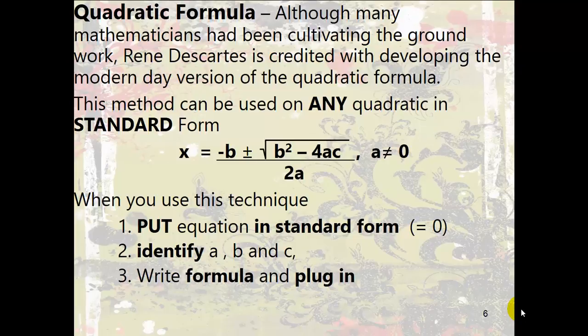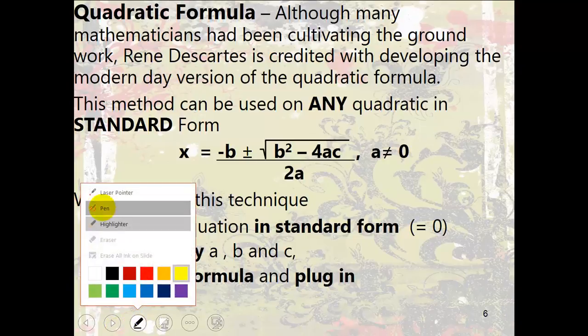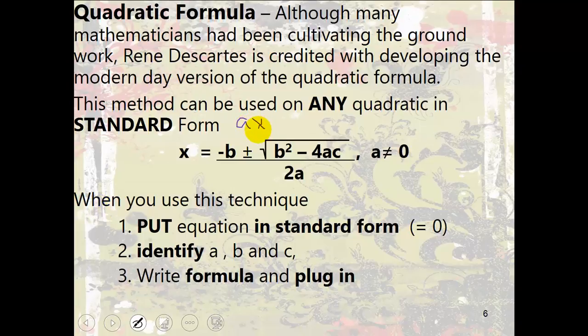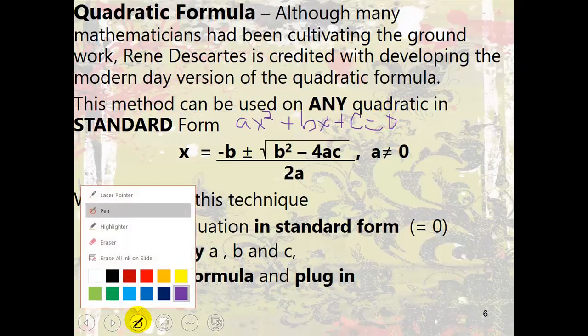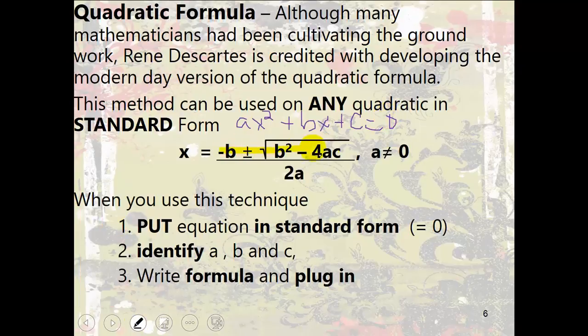Basically, he took the standard form of a quadratic, ax squared plus bx plus c equals 0, and completed the square using just letter coefficients, and he came up with what is now called the quadratic formula: x equals negative b plus or minus the square root of b squared minus 4ac, all over 2a.